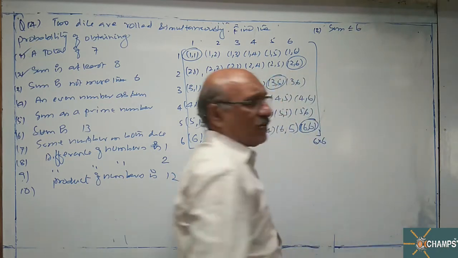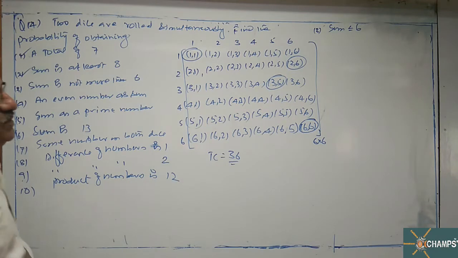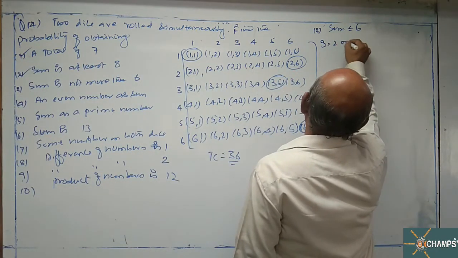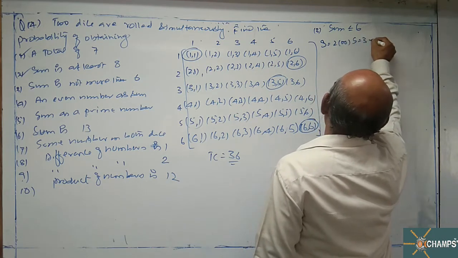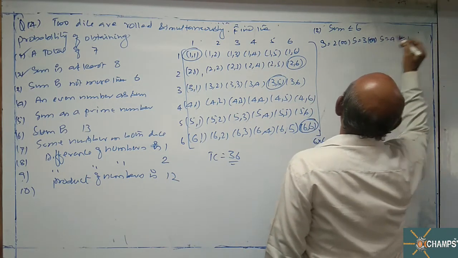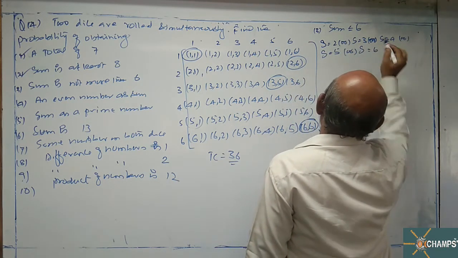Sum is less than or equal to 6. Sum is not more than 6 means sum is less than or equal to 6. It means sum is equal to 2, or sum is equal to 3, or sum is equal to 4, or sum is equal to 5, or sum is equal to 6.